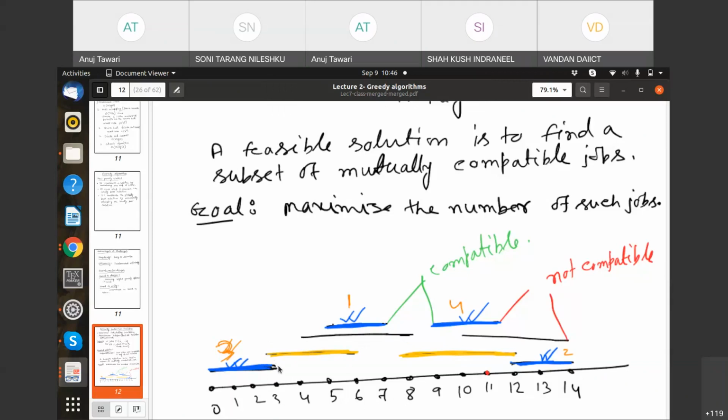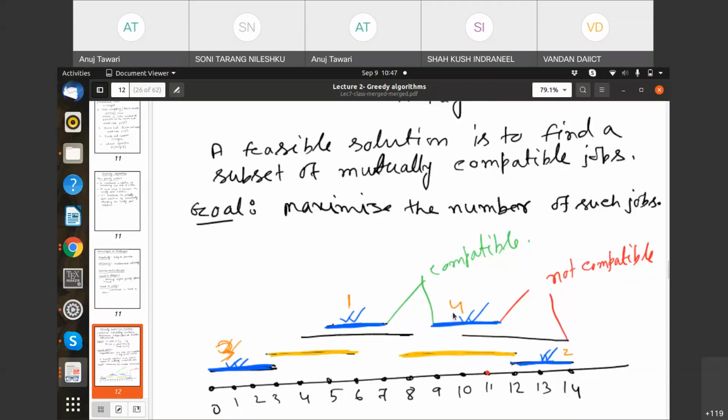Right? So let's look at this 1 and 4. These do not overlap with each other. This is from 9 to 12. This is from 5 to 7. So there is no overlap between them. And this is what we call a compatible set of lectures.